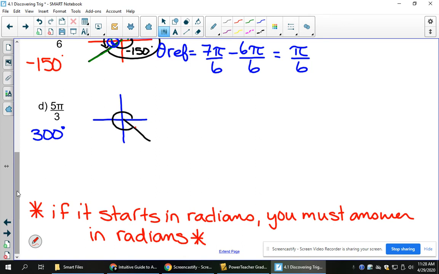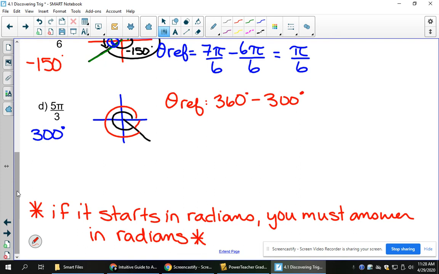It's from the terminal arm, which is this black line, to the nearest x-axis. There. What calculation will tell me that little red angle? Well, an entire circle is 360 degrees, and I want the red part, so I want to take all of this black angle away. The black angle is 300 degrees.